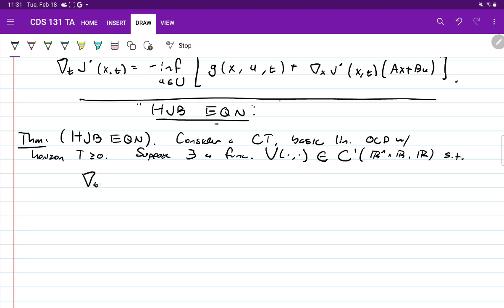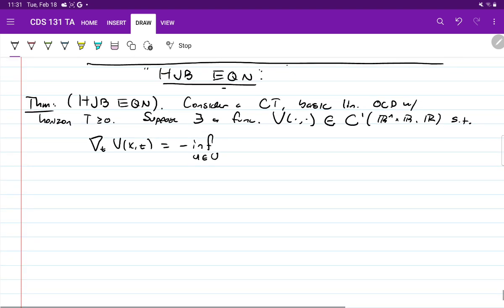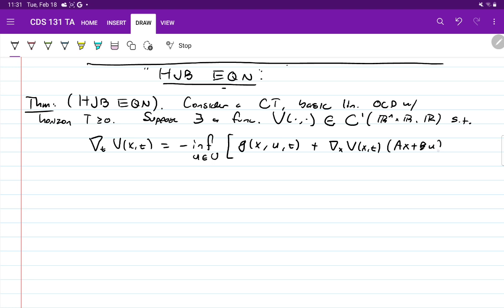Okay, so it satisfies the gradient with respect to t of V of x comma t equals minus the infimum over a static value u in U, which is a subset of Rm. Okay, this is no longer a function space, of g of x, u, t plus the gradient with respect to x of V of x comma t, multiplied by Ax plus Bu.